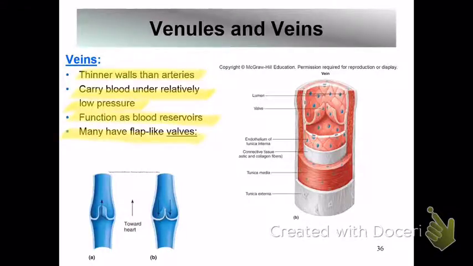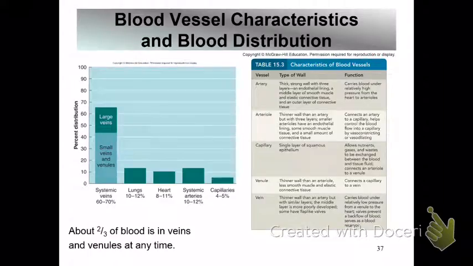Okay, I have all this highlighted. The speed of the blood in the veins is not directly related to the heart action. As the heart pumps, it pumps blood down the arteries, and it's these valves that help push it back up to the heart. So it's not a direct result of heart action. This will just show you where the blood is, and we wrote it at the very beginning that most blood is in the systemic veins.